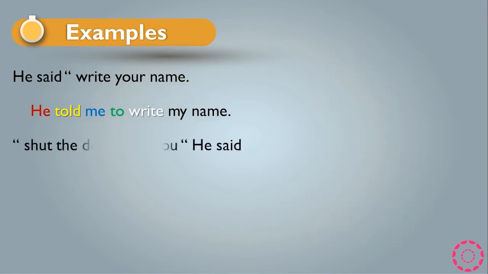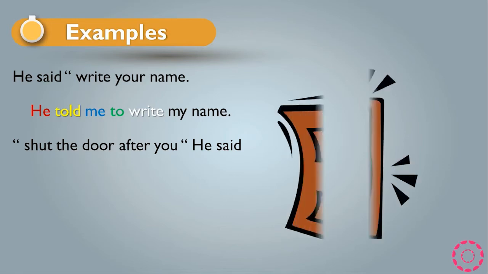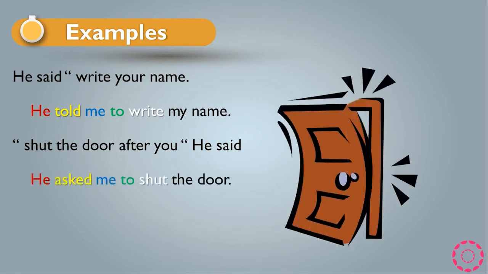Okay. Another example: he said, shut the door after you. So it became: he asked me to shut the door. Why do we use me? Because the speaker didn't say it to anyone.